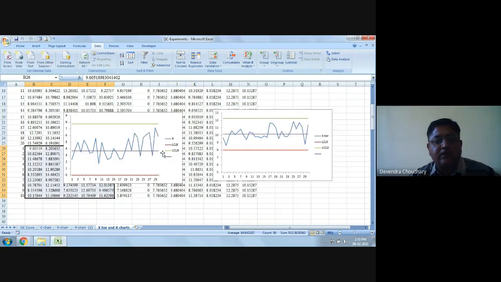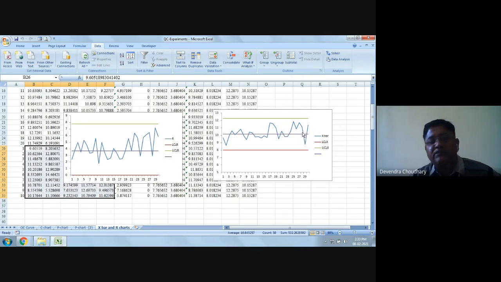Yeah. Variability has increased, so points will fall above the central line. And since the mean has also shifted in the upward direction and variability has increased, points will not fall close to the center line. They will fall on both sides, far away from the center line.